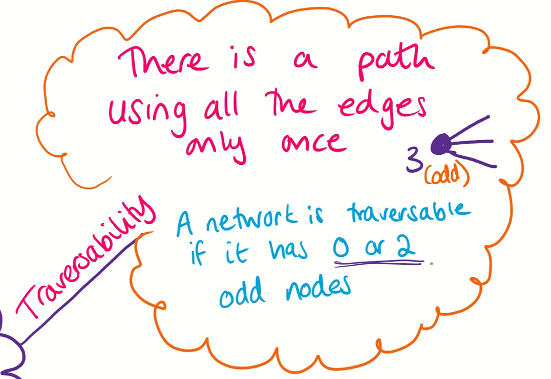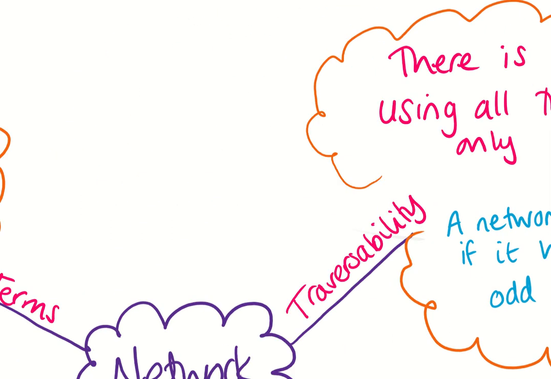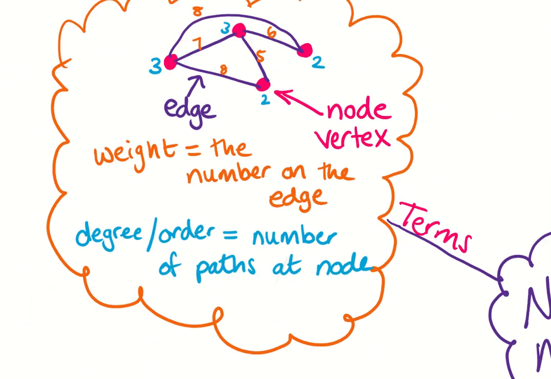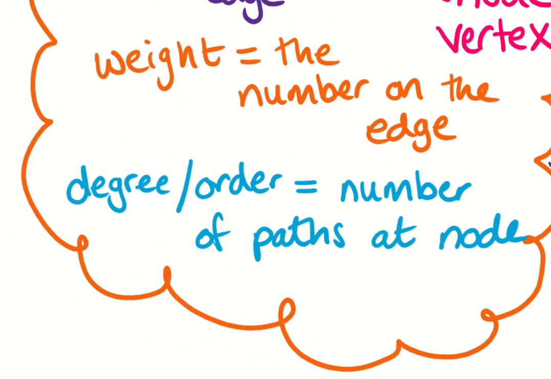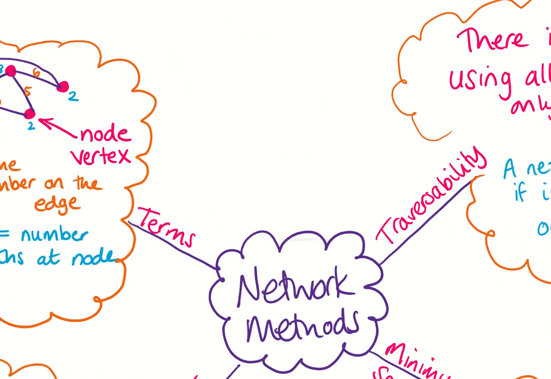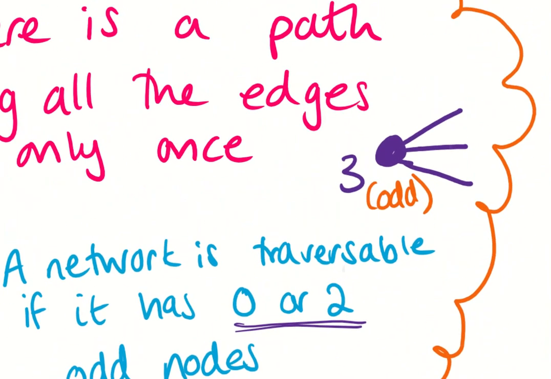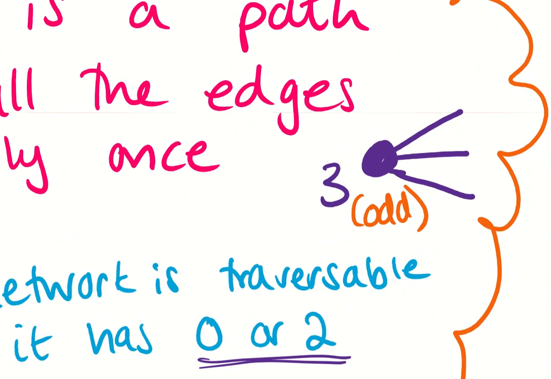Now, what do we mean by it being an odd node? If we go back to this idea over here of degree and order, that's what we mean by it being odd or even. So counting up how many edge pieces we have going into or out of a node, that gives us the order.